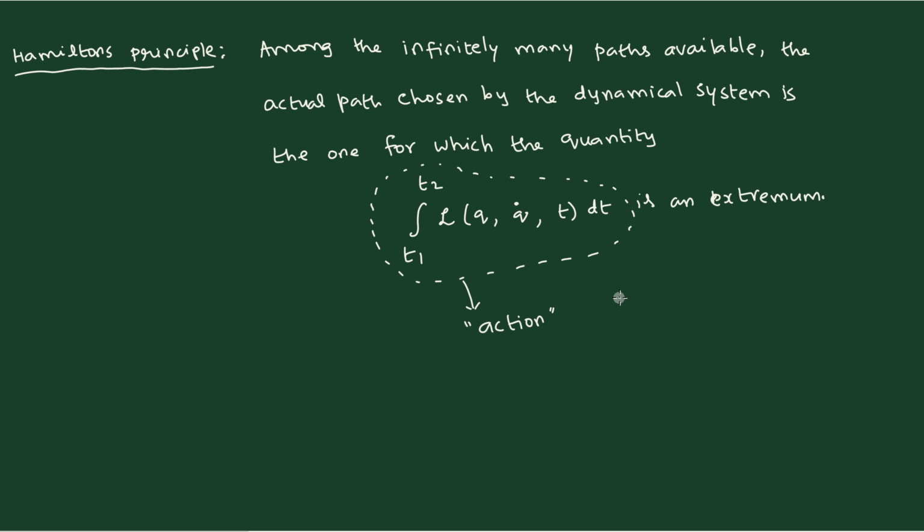Now in this particular case, this will have physical dimensions. The Lagrangian will have the dimensions of energy, so let me write that down. Energy multiplied by time, because there is a dt there, so it must have a time. For dynamical systems problems, we have this kind of definition for the action.